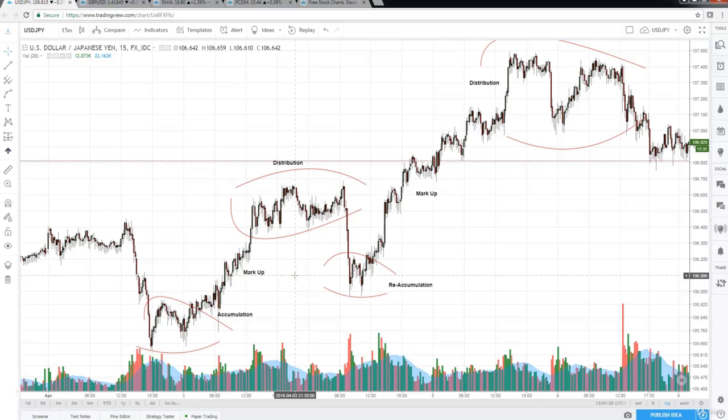Elliott was more the early 1920s to the 1930s, and Wyckoff was more the early 1900s and the late 1800s. So, very close in timelines, but the reality is that most of these guys are within the same period. So you find that ideas and strategies are very close, and some of them have better ways of doing things than others, and it's nice to be able to take that on board.